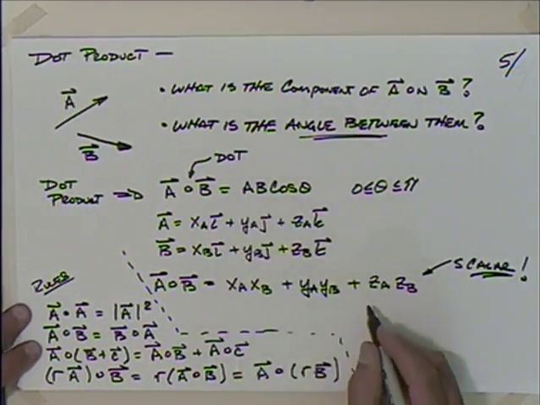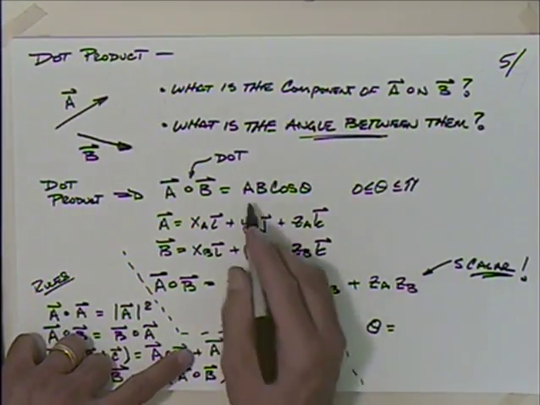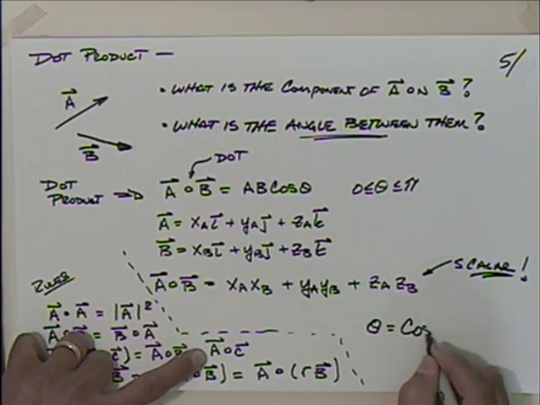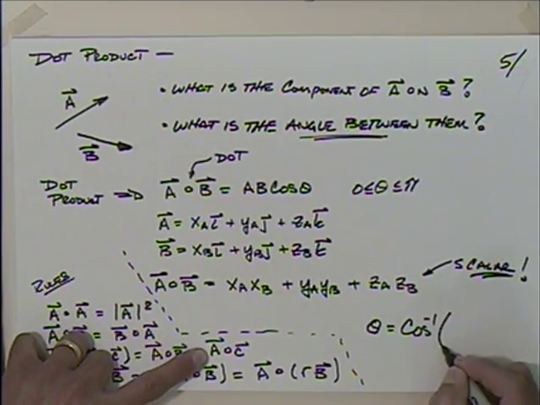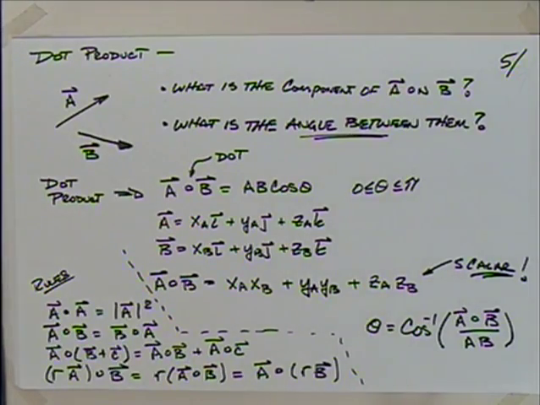If I rearrange this, theta would be equal to the inverse cosine, the arc cosine, of the quantity vector A dotted with vector B divided by magnitude A times magnitude B. Now this is also kind of interesting.